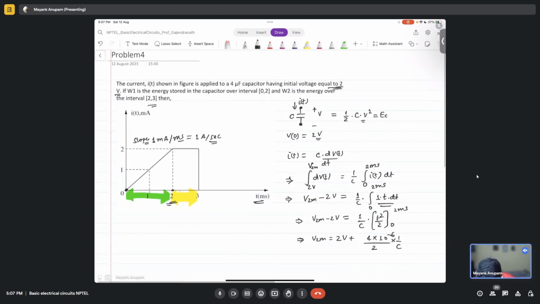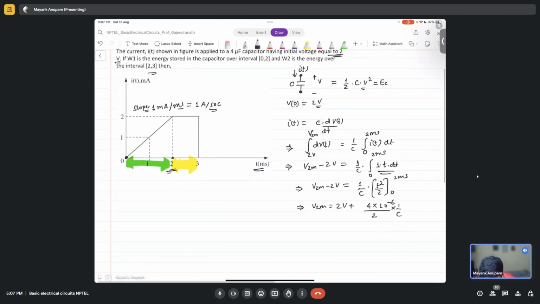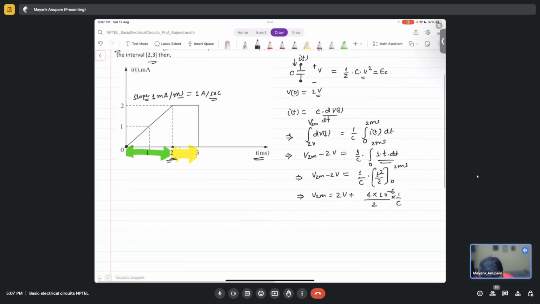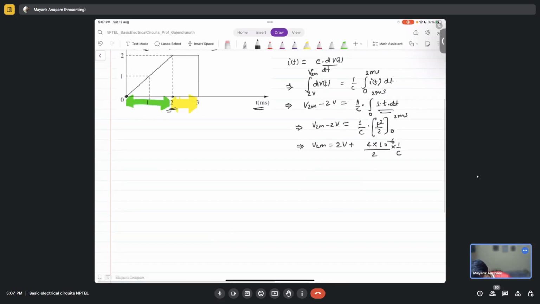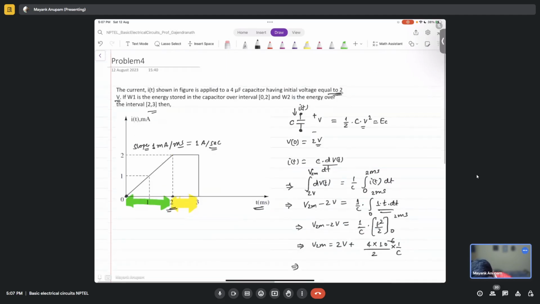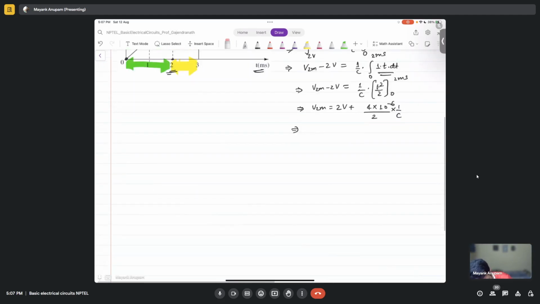You also solve at your end, so that if I make a mistake, you correct me immediately. What is the value of C? It's a 4 microfarad capacitor. So let's replace: 2 volts plus 4 into 10 to the power minus 6 divided by 2 into 1 over 4 into 10 to the power minus 6.